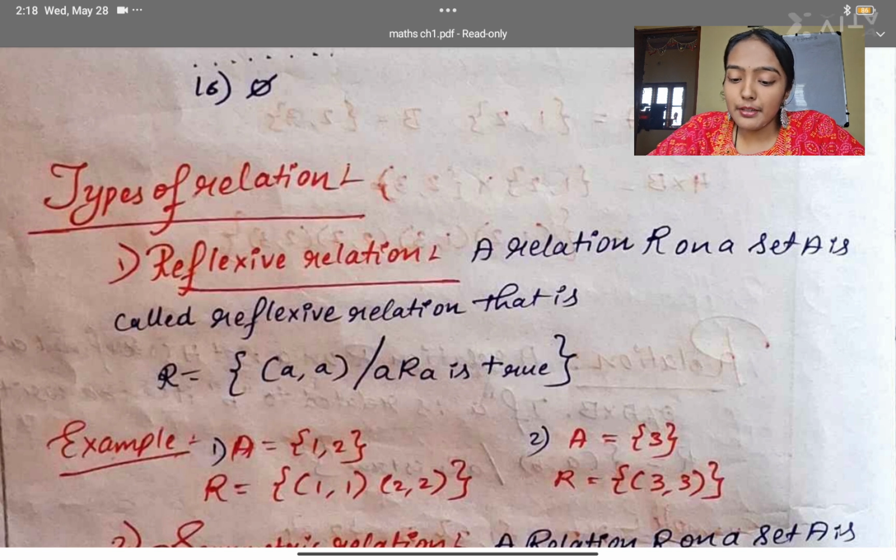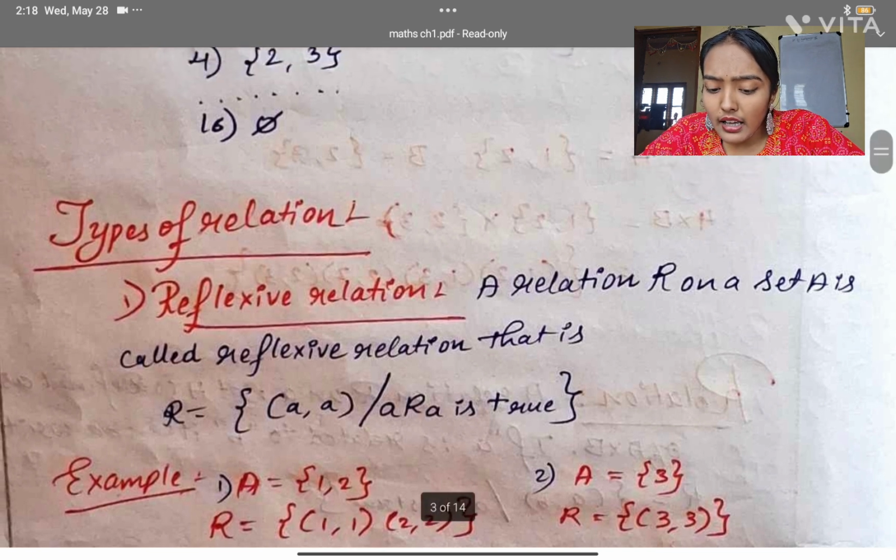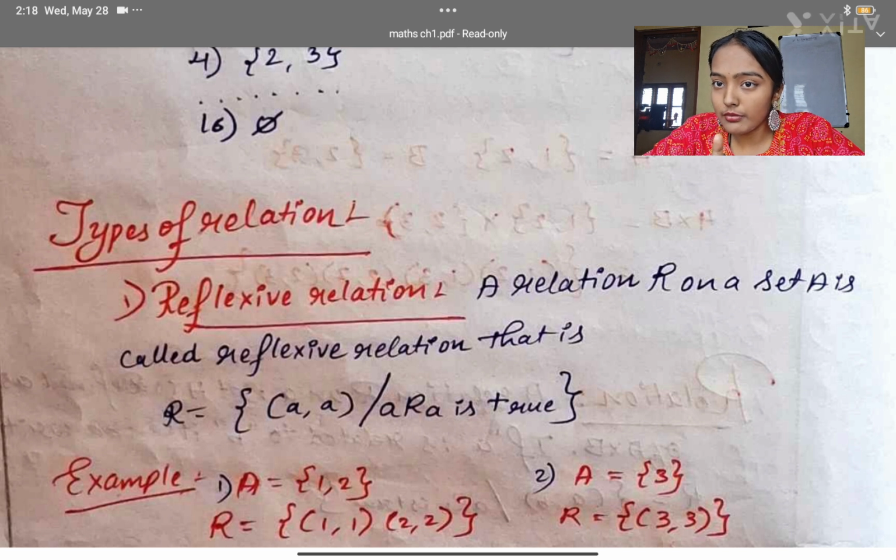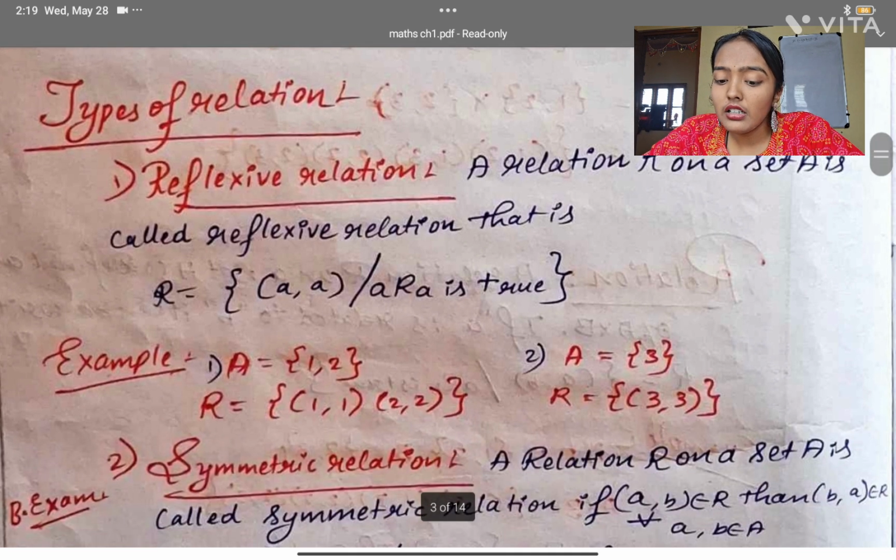In simple ways, see, A is a set, it has 1 and 2. Okay, these are the two numbers present in this set. So if we have a relation, in that case the subset should be 1 comma 1 and 2 comma 2 only. The first element and second element should be the same.